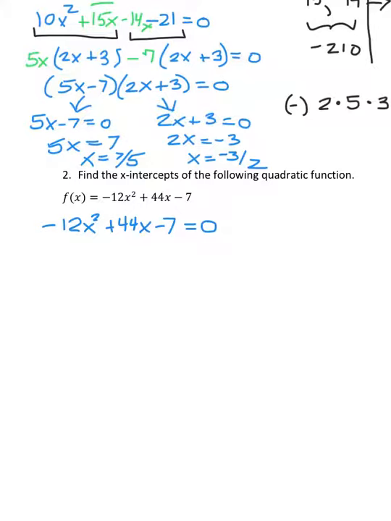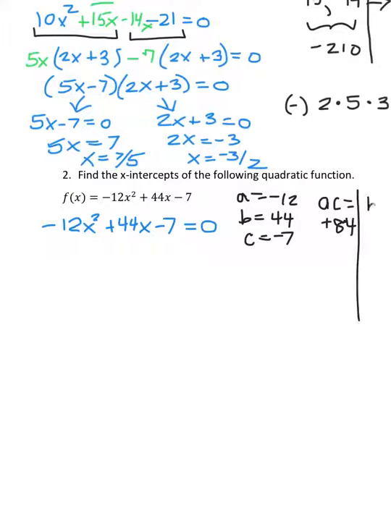So we're going to identify what our A is, our B, and our C. And the procedure is to find the product of A and C, which is a positive 84. We're looking for factors of 84 that are going to sum to 44, or B.